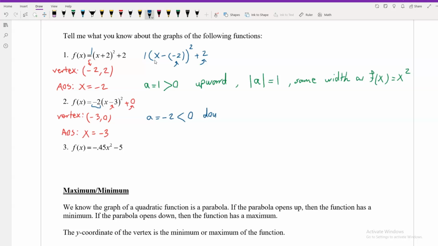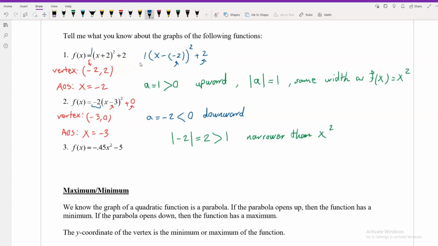So this graph is downward. And here the absolute value of a, so the absolute value of negative 2, that is positive 2, is greater than 1. And this is narrower than x squared.